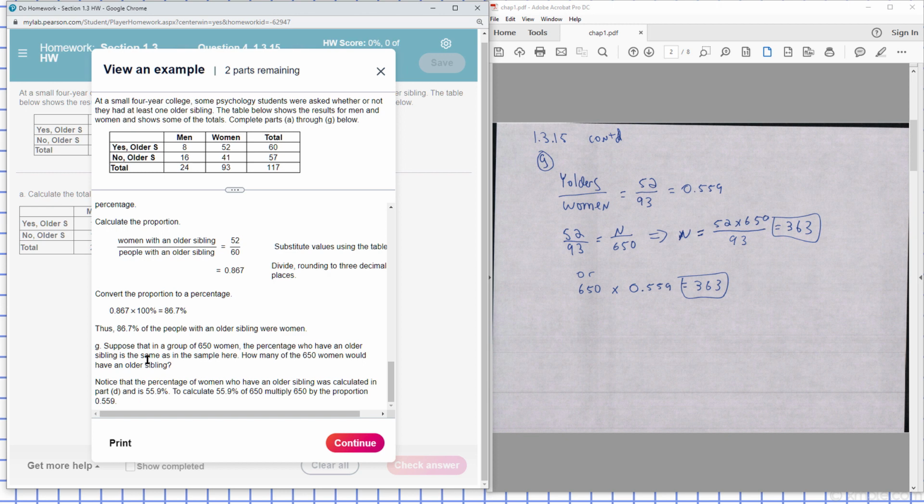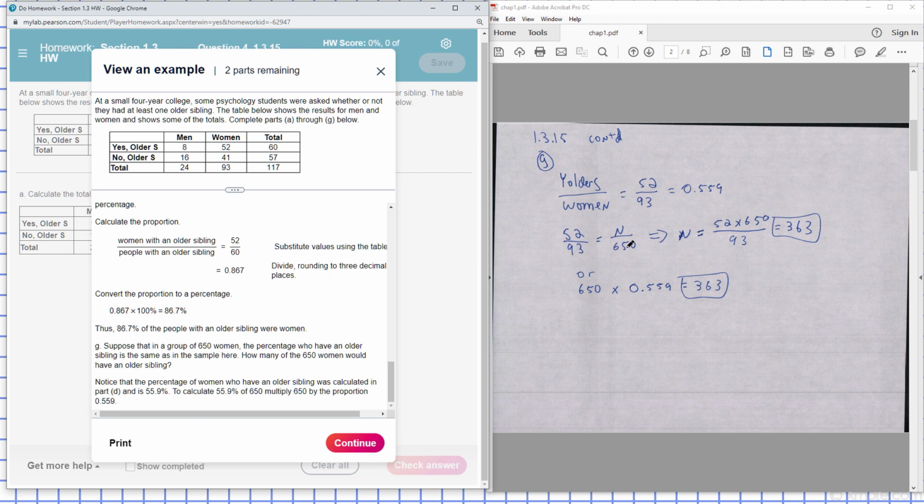Part G, suppose that in a group of 650 women, the percentage who have an older sibling was the same as the people here. How many of the 650 women would have an older sibling? So what I did, I just set up a proportion here. 52 women had an older sibling out of the 93.